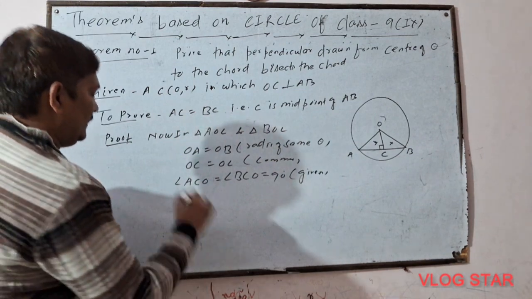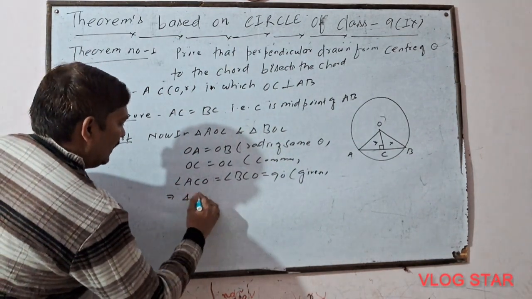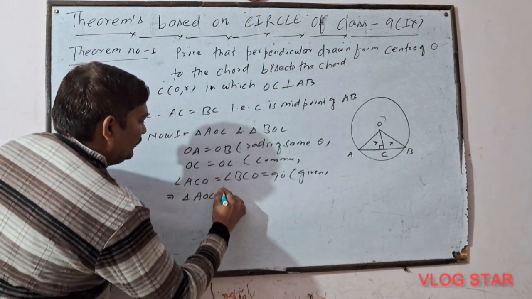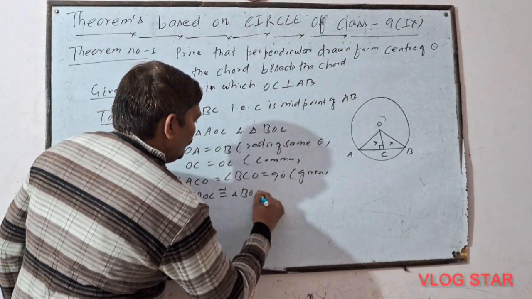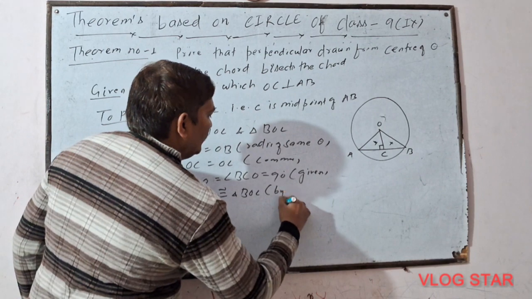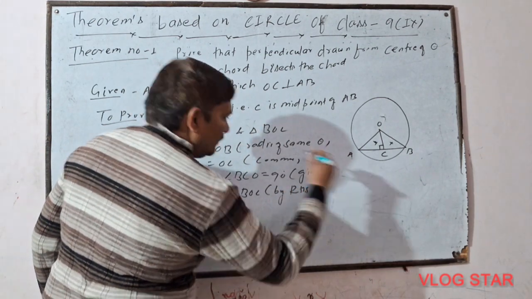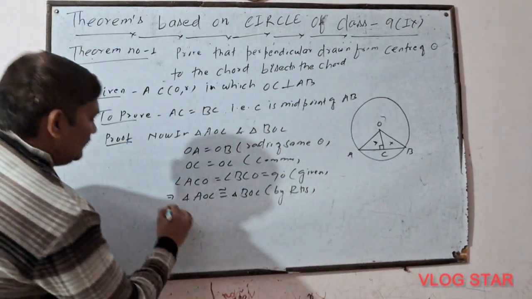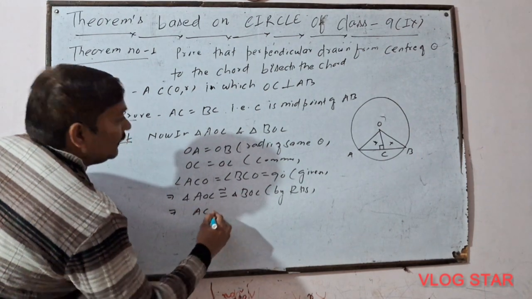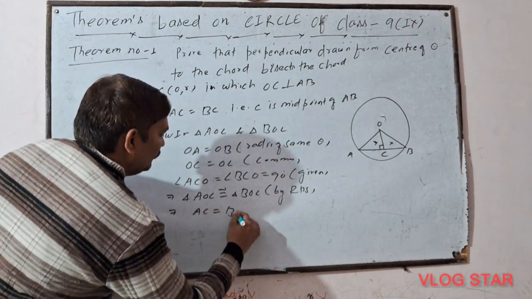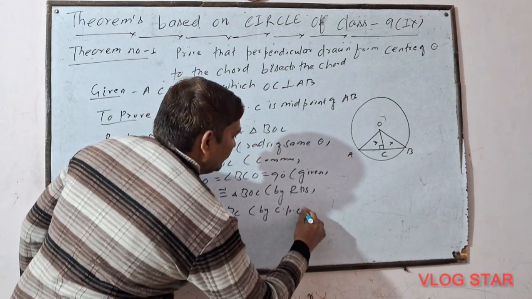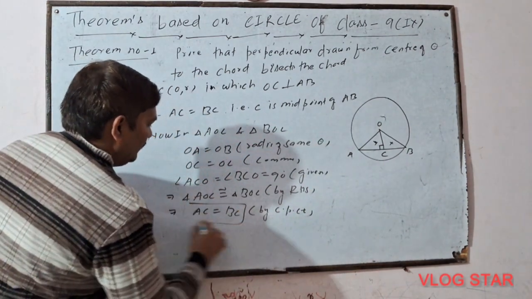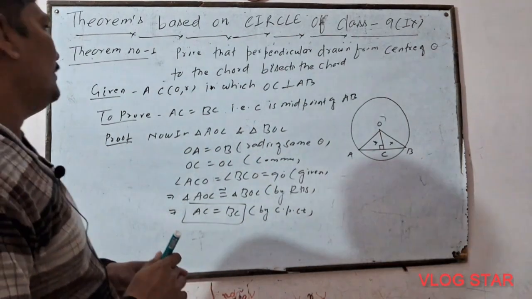This implies that triangle AOC is congruent to triangle BOC by RHS congruency. This implies that AC equals BC, reason: by CPCT. Okay, I hope you have understood.